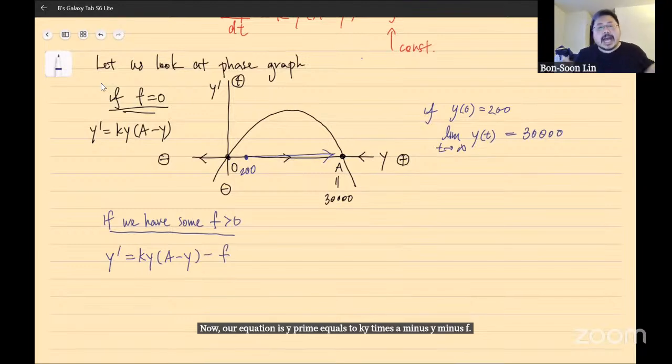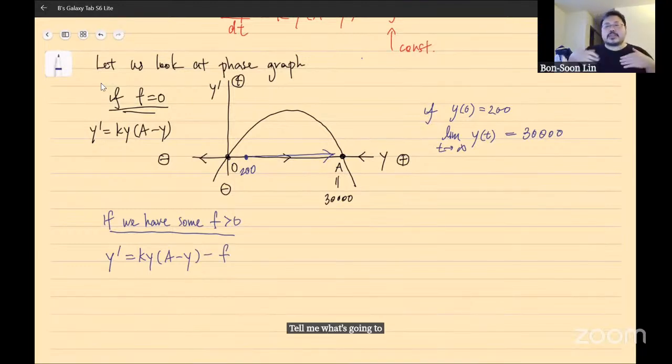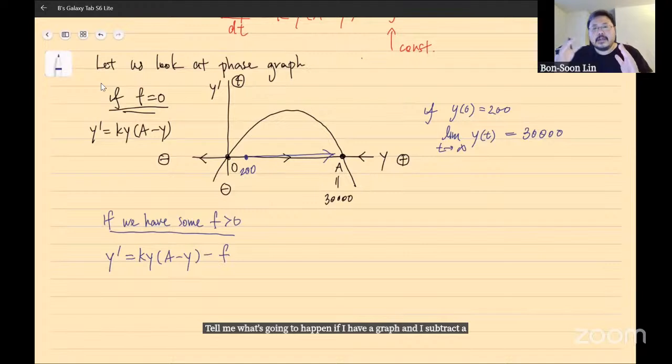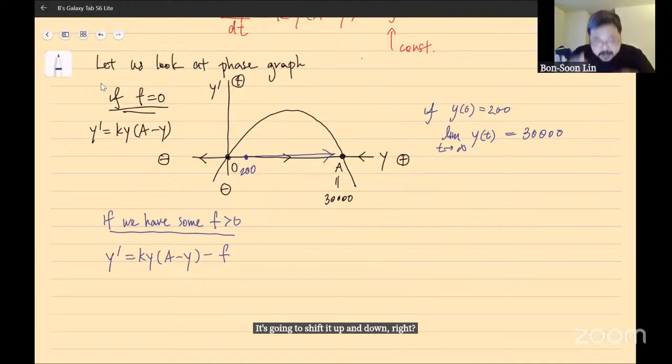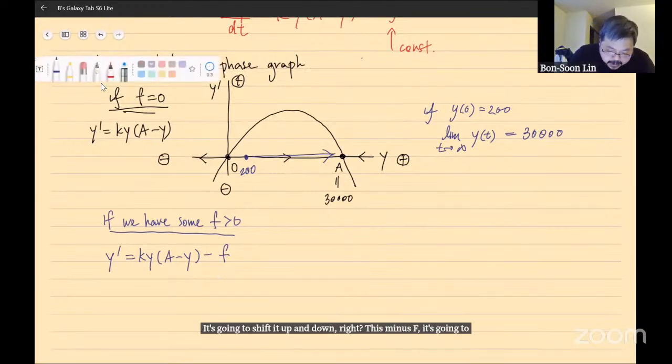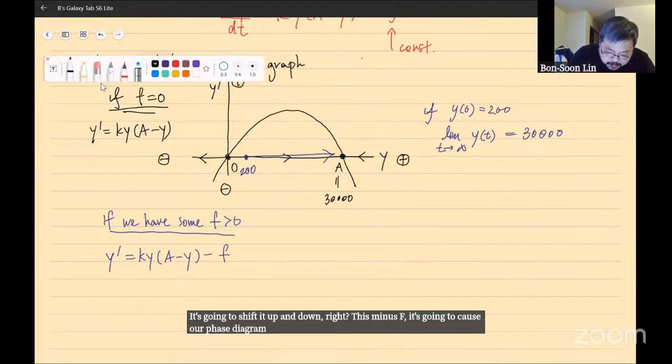Tell me what's going to happen if I have a graph and I subtract a constant f. What's that going to do to that shape? It's going to shift it up and down. This minus f is going to cause our phase diagram to shift down.